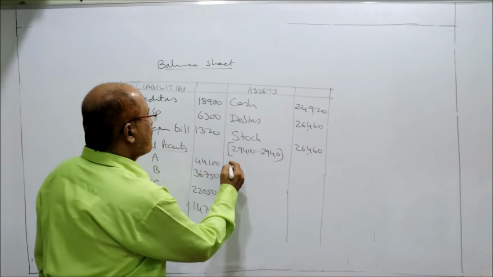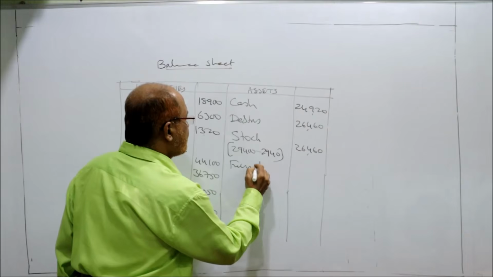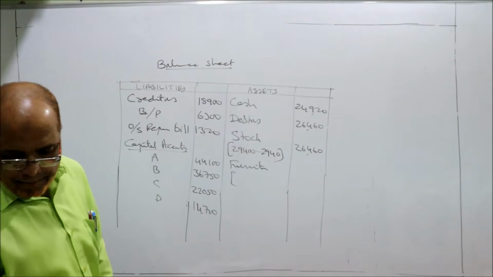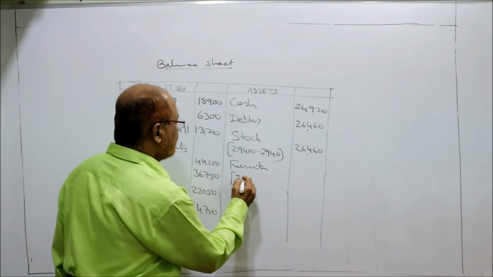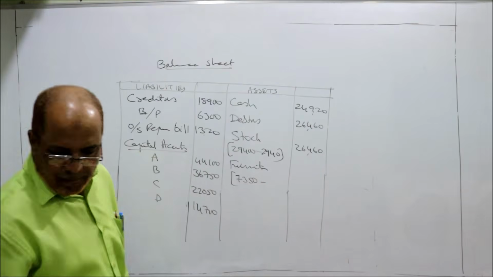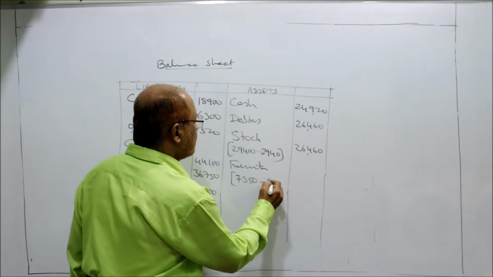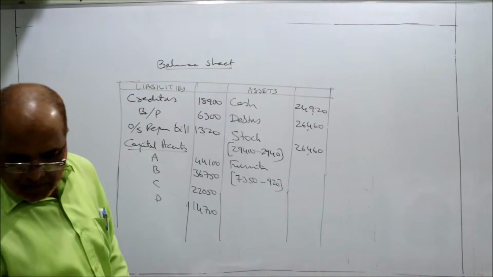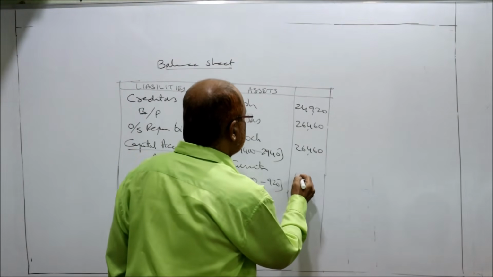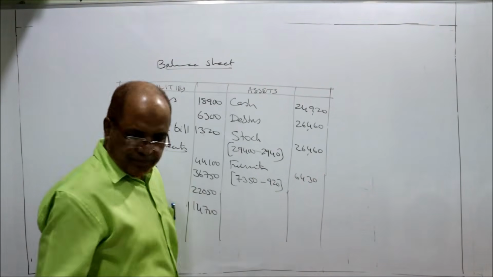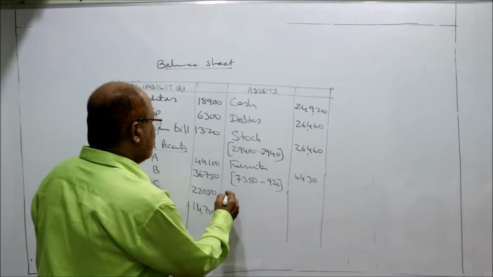Then furniture 7,350 minus 920. It is 6,430. Last one is land and building.